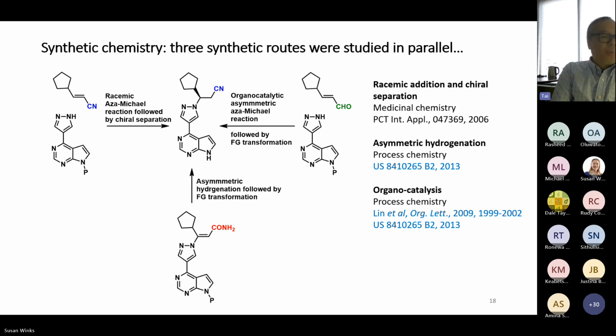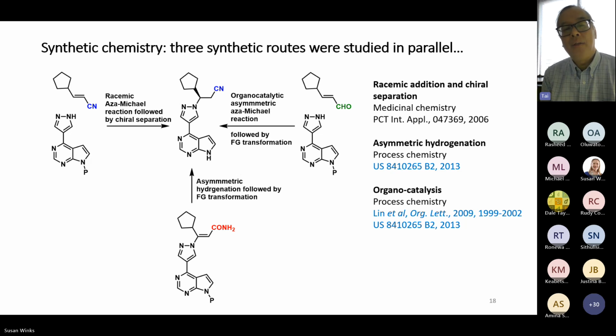I'm sure after like 20 minutes of this talk now, you must be fairly confident about who is proposing this. So, we are studying all these routes, and I show the references here. The medicinal chemistry is reported in the patent shown there.